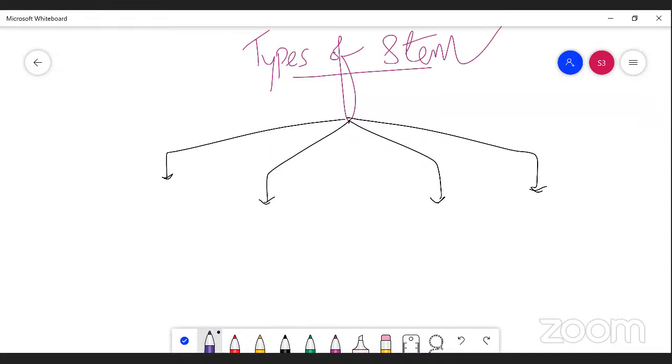The first type is excurrent. The second type is decurrent stem. The third type is codex.